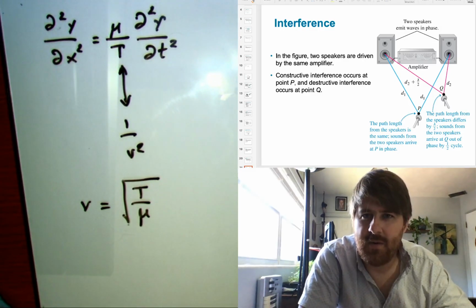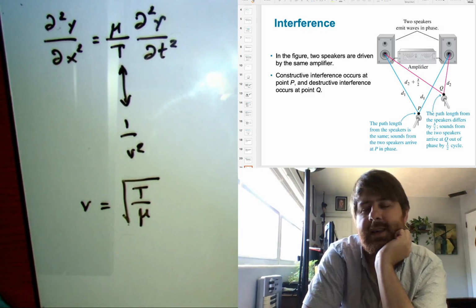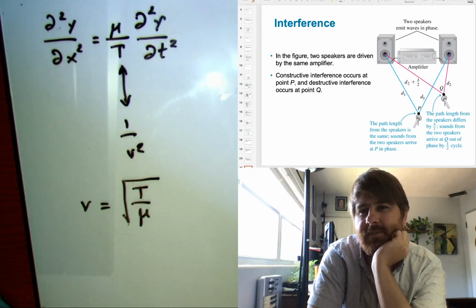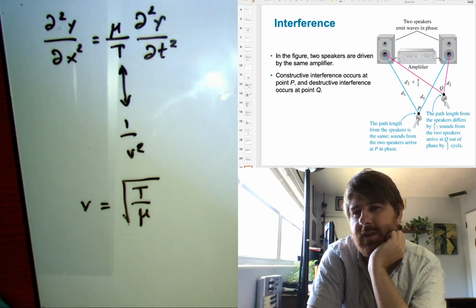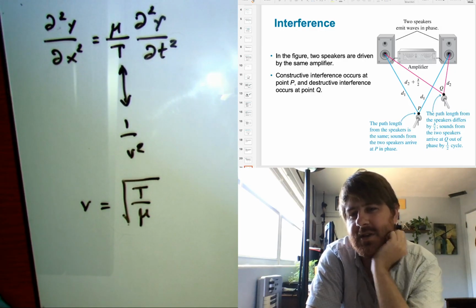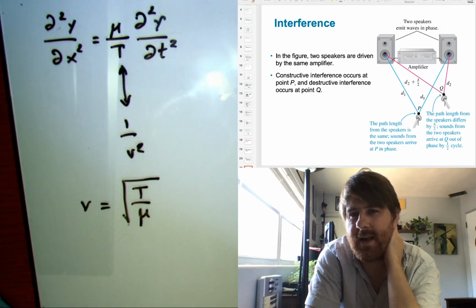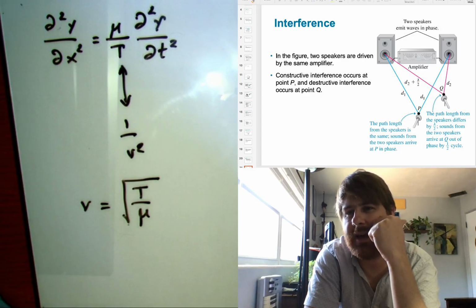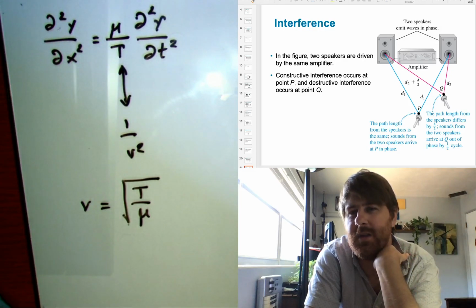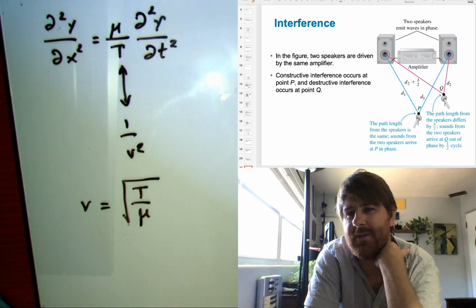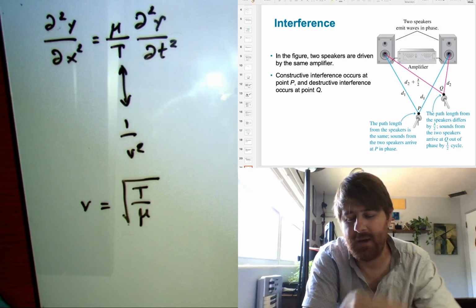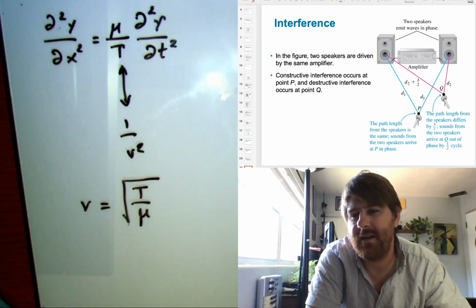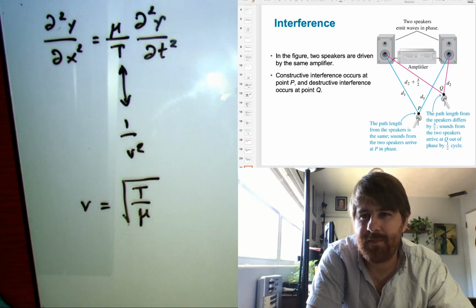If you're listening there, you're experiencing constructive interference. You are the same distance away from each of the two speakers, so the two waves add together and you hear a louder amplitude. This is just for monophonic; we're not even considering stereo sound here, but it works the same way.